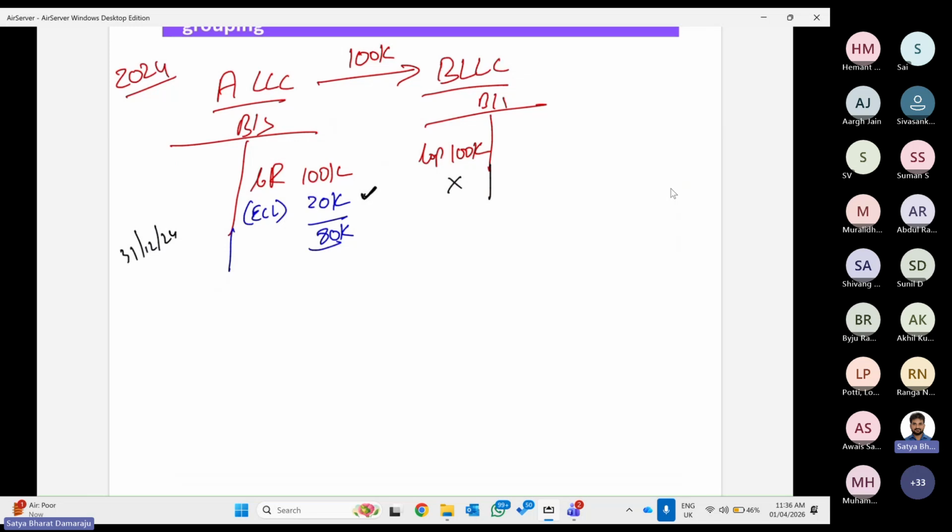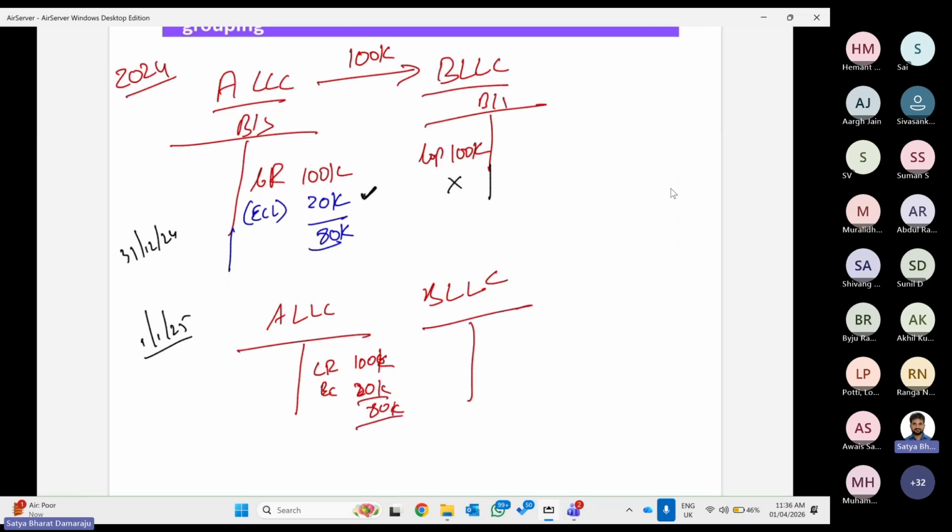Now things changed on 1st of January 2025. A LLC has acquired B LLC. On this date, A LLC's opening balance is the same: the loan receivable is 100,000, with an expected credit loss of 20,000, giving 80,000. These are the standalone statements. B LLC's loan payable still shows 100,000, but they formed a tax group.